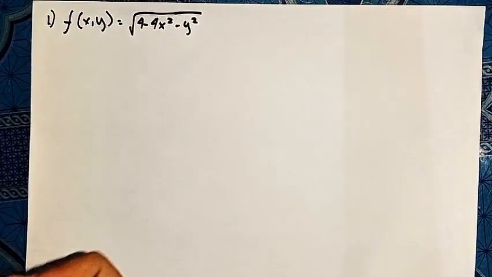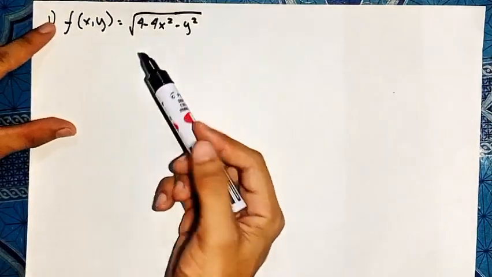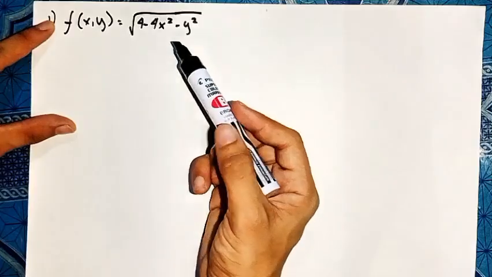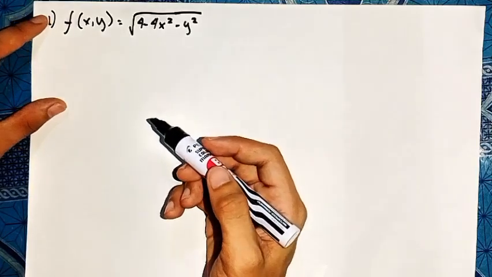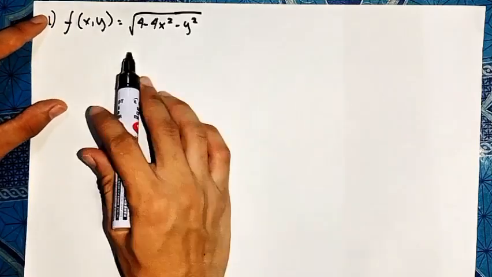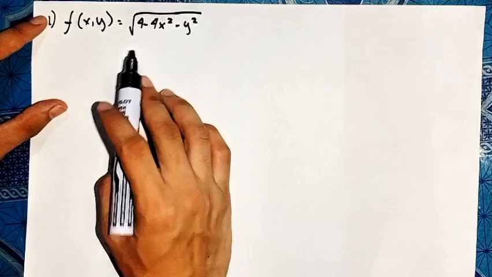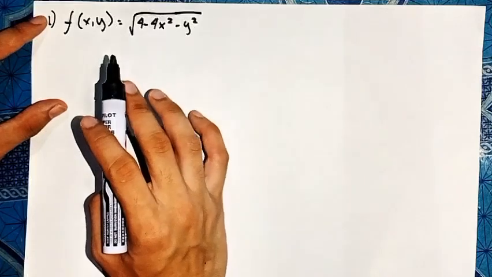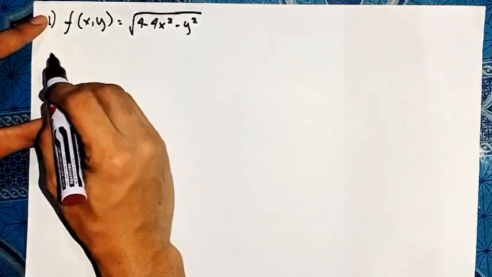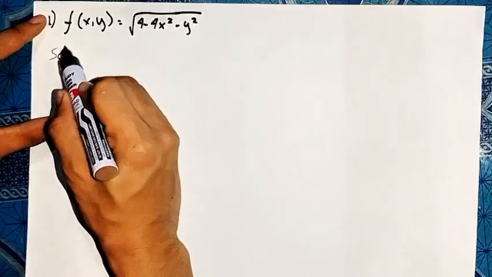So we have f of x and y is equal to the square root of 4 minus 4x squared minus y squared. Now, before we graph this function, we must first find the intercepts and the traces. So, let's solve.